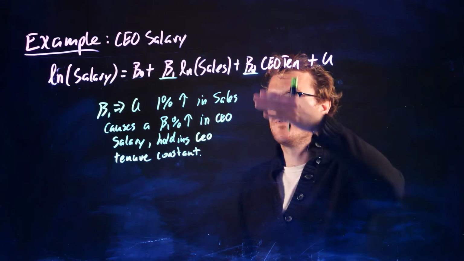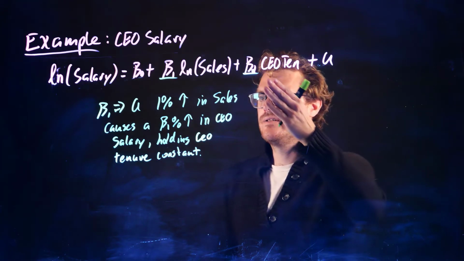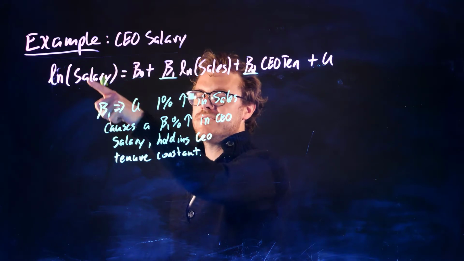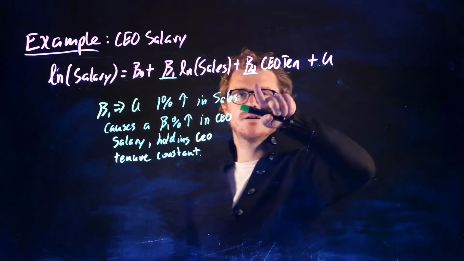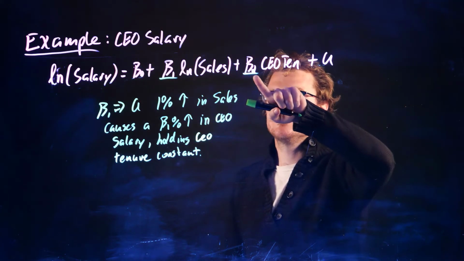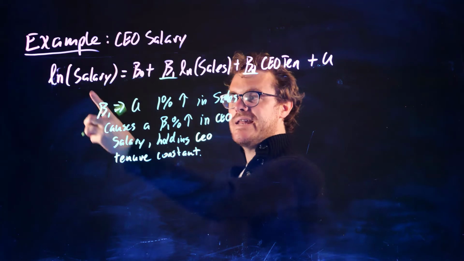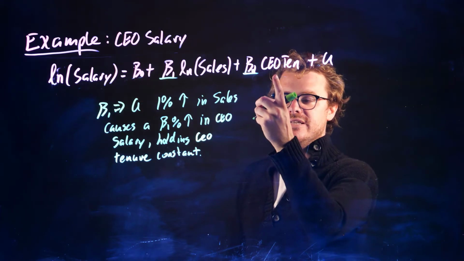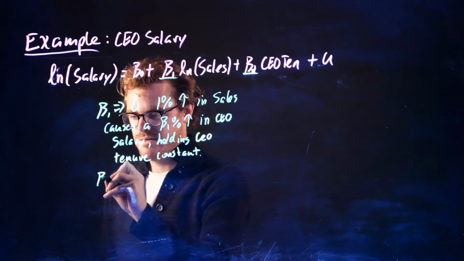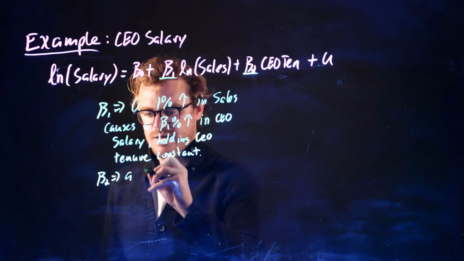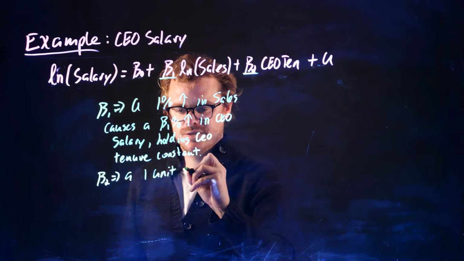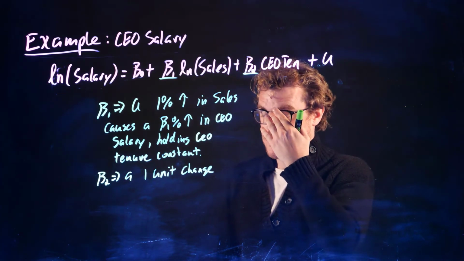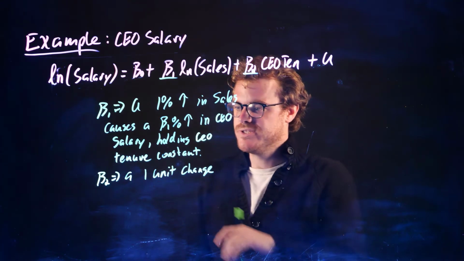And so now for beta 2, this is the effect of CEO tenure on the log of salary. Remember, when we have a log over here, beta 2 times 100 is the percentage change in salary from a 1 unit change in CEO tenure. A 1 unit change, maybe it's months, maybe it's years, I just don't know how it's measured, so let's just leave it as a 1 unit change.